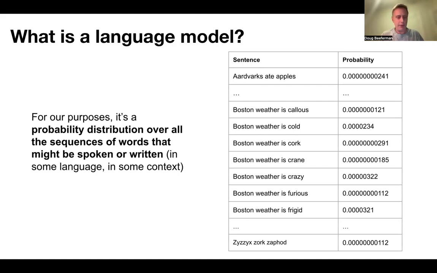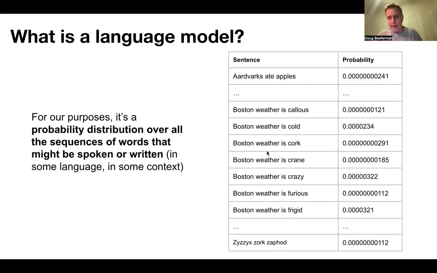I'm running it on my phone or on my laptop, but it's talking to a Gmail server, which has something like a language model that has some representation of all of the possible things that I might write, like every sentence in the language. You can imagine in this table here, you see them alphabetized from aardvarks ate apples all the way down to Zizix, Zork, Zaphod.